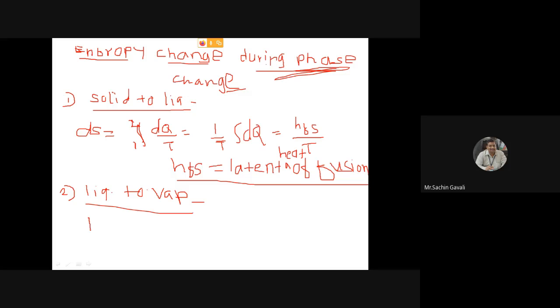I am writing. ds is equal to, again the formula. What is ds equal to? Integration 1 to 2, because this is our dq by T. So understand my handwriting, I am using the pen with the mouse. Okay, dq by T, and again it is a constant pressure phase change process, therefore the temperature remains constant, 1 by T integration dq.